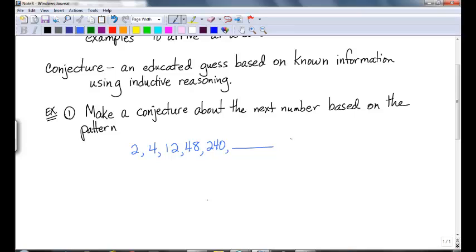So, are they adding, multiplying? Multiplying. So 2 times 2 would be 4. 4 times 3 would be 12. 12 times 4 is 48, then 48 times 5 is 240. So we need to take 240 times 6.